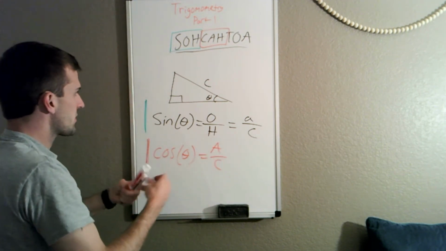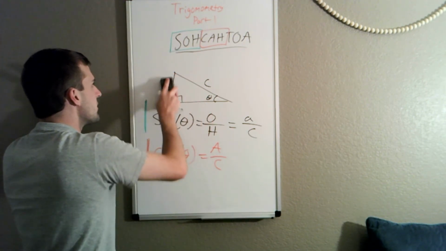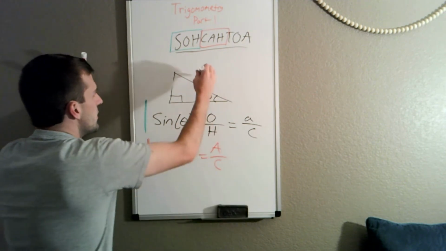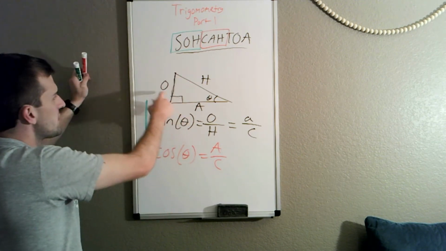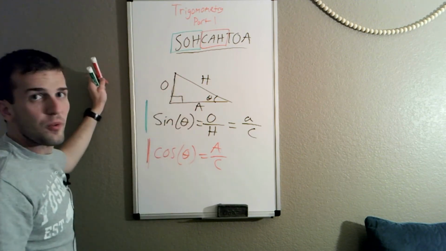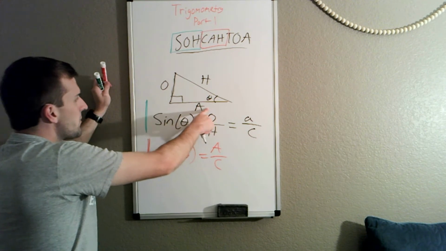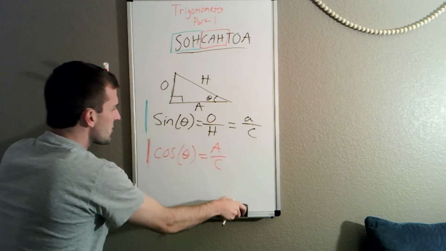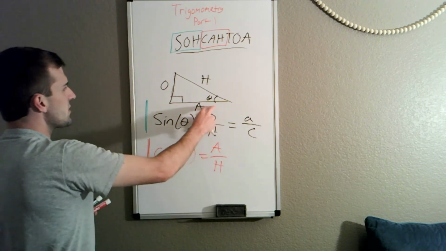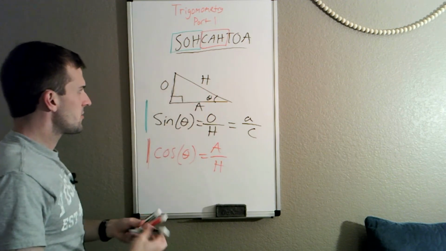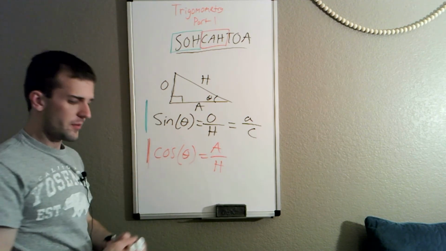Actually, we're going to start calling these the actual names. So this is the hypotenuse, this is the adjacent side, and this is the opposite side. Again, adjacent and opposite are in terms of the angle theta. So cosine of theta is the length of the adjacent side divided by the length of the hypotenuse. And similar to sine, if you know two of these values, you can find the third.